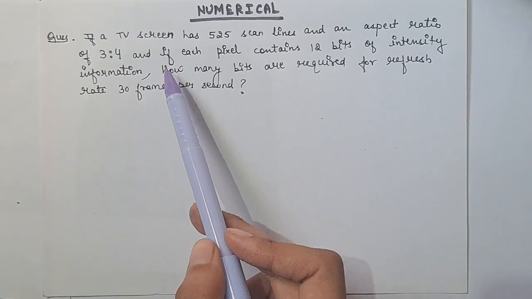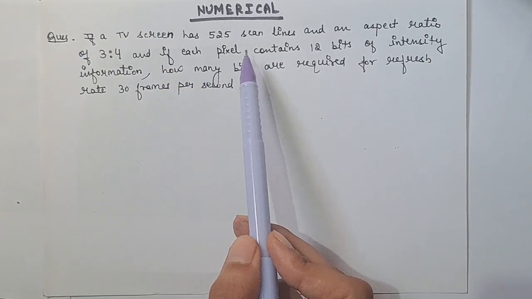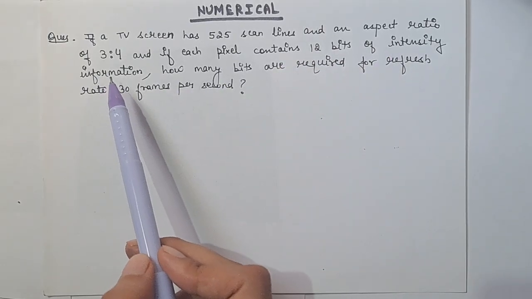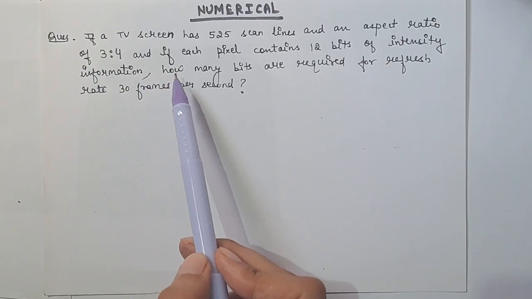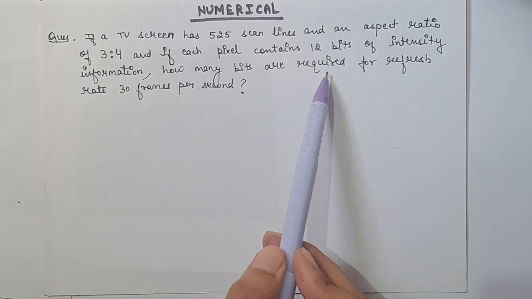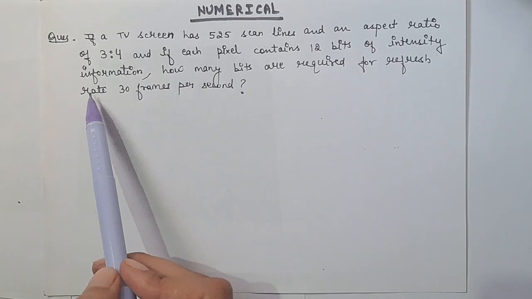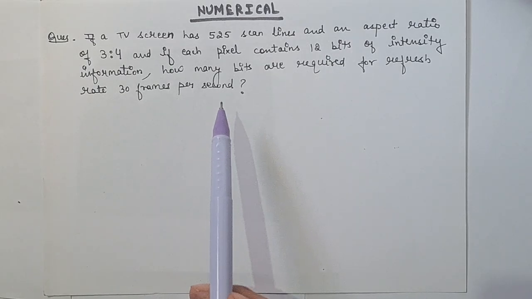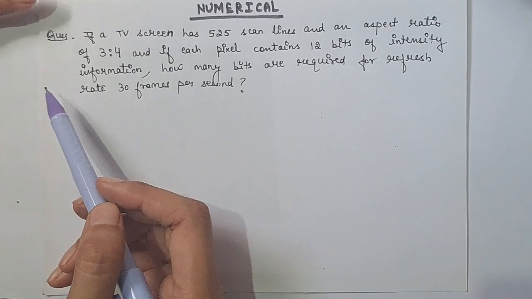Further, if each pixel contains 12 bits of intensity information, then we have to find out how many bits are required for refresh rate 30 frames per second.